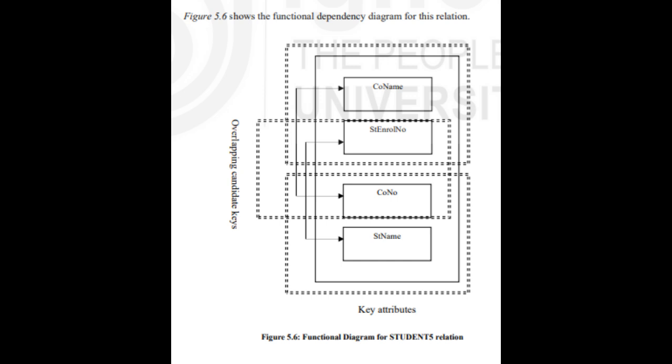Please refer to figure 5.4, which illustrates the FDs in the relation student (stud_enroll_no, stud_name, stud_address, co_no, co_name, co_instructor, in_office). The FDs, as shown in figure 5.4, are: 1. stud_enroll_no → stud_name, stud_address; 2. co_no → co_name, co_instructor; 3. co_instructor → in_office.